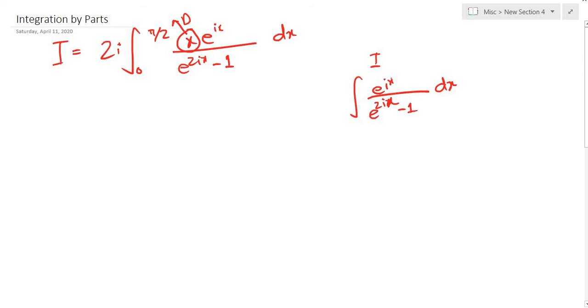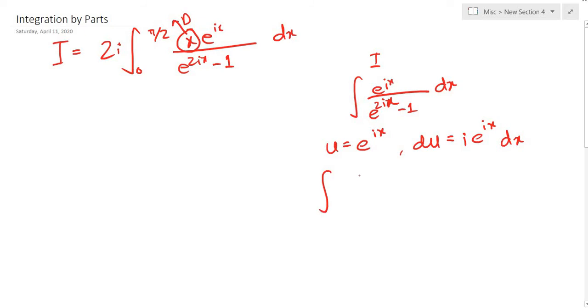So now looking at the term in the numerator, we actually would like to use some substitution. So let u equal e raised to ix such that du is nothing but i times e raised to ix dx.